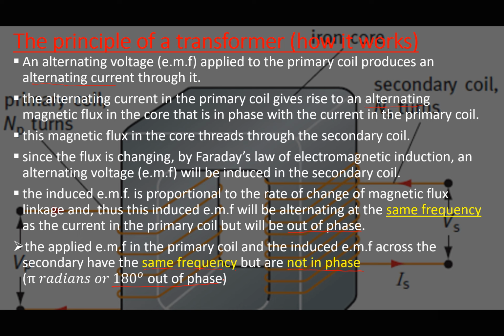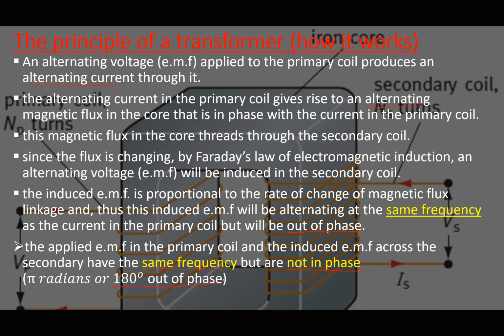To understand this concept of them being out of phase, you should refer to the concepts of electromagnetic induction. If you have not studied them in school, I'll still record a video on electromagnetic induction later on. But for now, we are only interested in the basic principles of how a transformer works. Number one, an alternating voltage is applied to the primary, which gives rise to an alternating current.